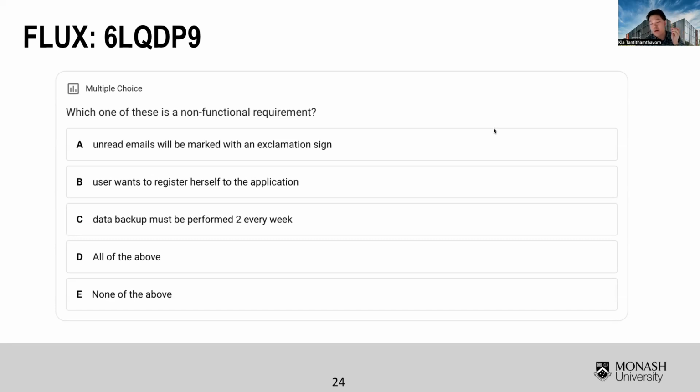Again, when we talk about a functional requirement, that's a feature of the application, just one small feature. But anything that affects the whole system, the characteristic of the system, that's the non-functional requirement. The answers are more correct now. Thank you.